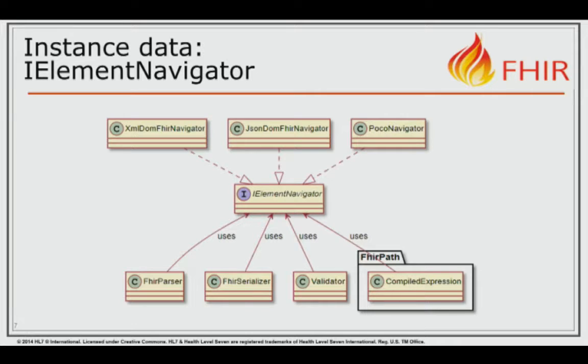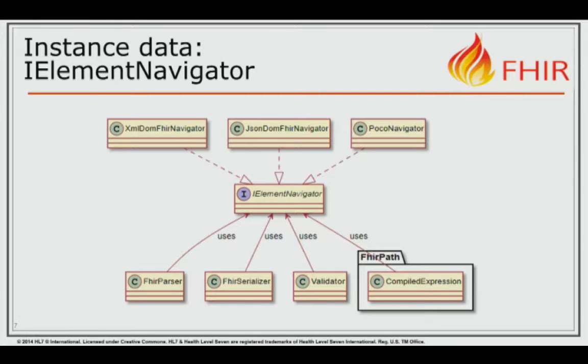It can actually validate anything that implements that interface, including maybe your own custom object model, which is an interesting thought by itself. You could even run the validator on your own object model as long as you can implement the IElementNavigator interface. The FHIRPath engine is running against that interface as well, so you could run FHIRPath against your objects as long as you can map them to IElementNavigator.